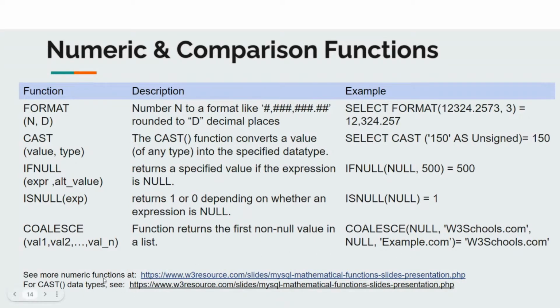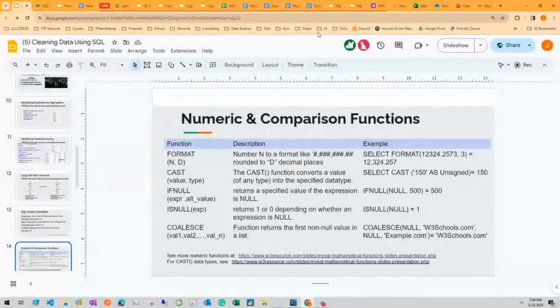So you can see more numeric functions. W3 resources or W3 schools are always my favorite. And then for cast data types, it should be a different link. I'll update that and send it to everyone too. It'd be useful to see all the different casts, so let's go ahead and look that up.